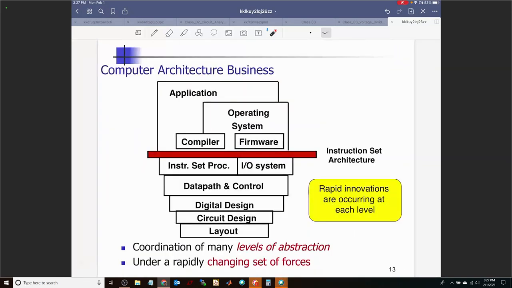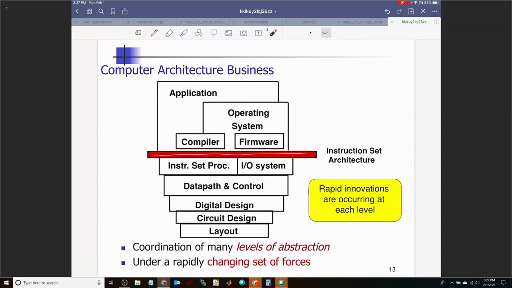Now let's try to put all of this in perspective and focus on where that instruction architecture lies. At the top of that red line, you have your application that is running on the host operating system. The operating system itself has firmware and your compiler. So those are your lowest level elements of your operating system.